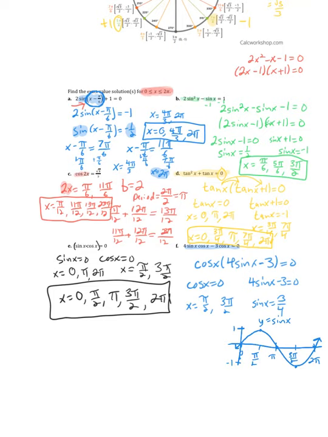But what we want to look for is when y equals 3/4, because that's what we're looking for up here. When does sine of x equal 3/4? That's going to happen right here somewhere and right here somewhere. So we're looking for these 2 x values.